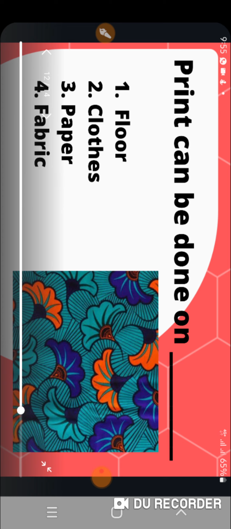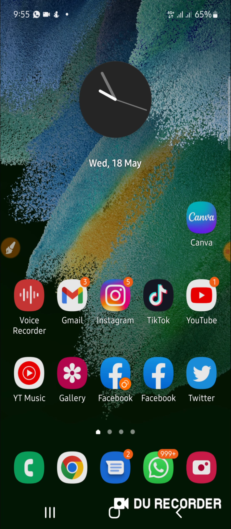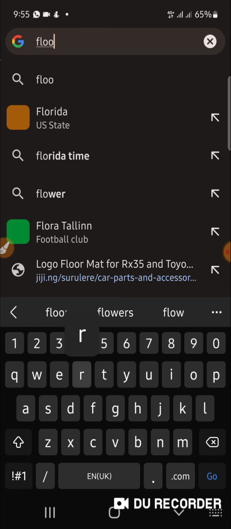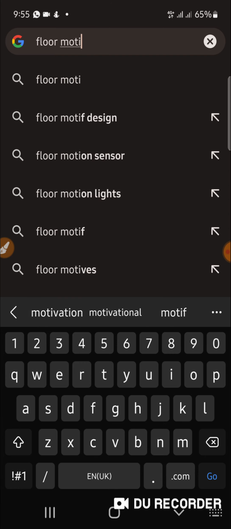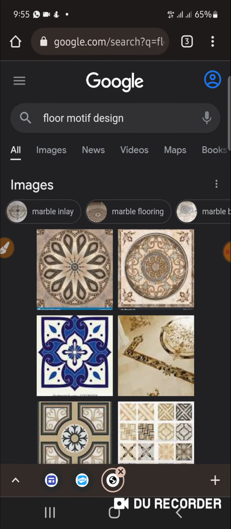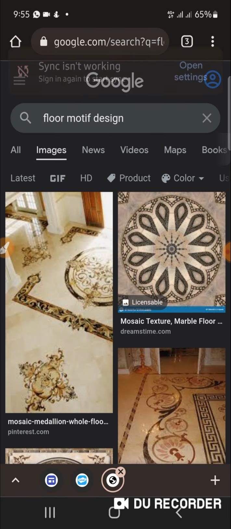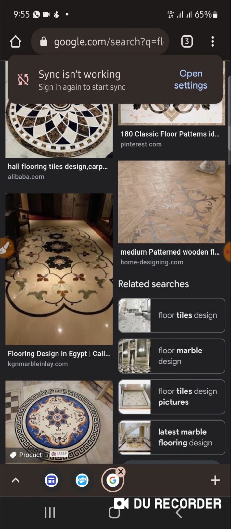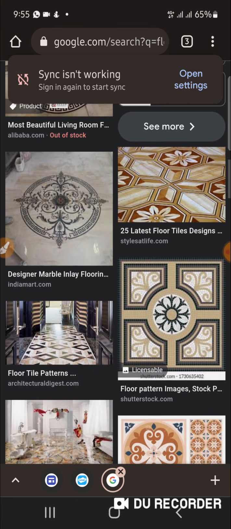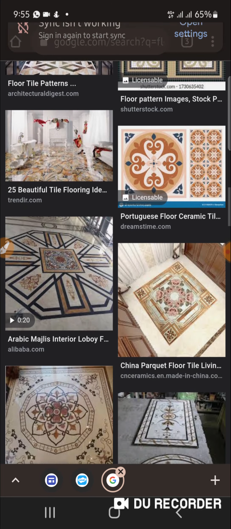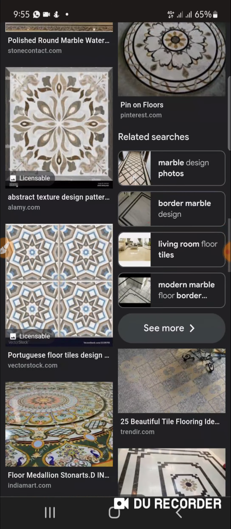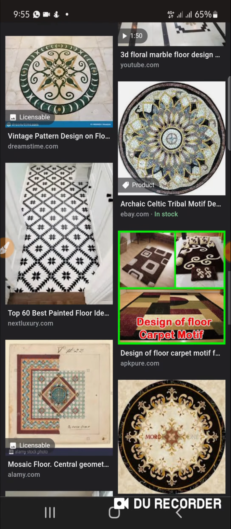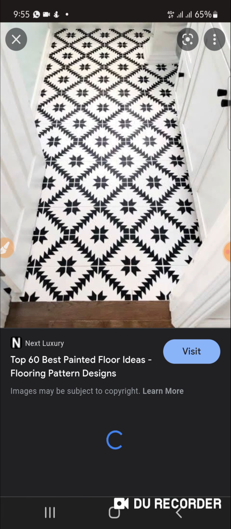Okay, to answer that question, let's go to Google. Let's search the word floor motif. Yes, look at this parlor. Look at this walkway.